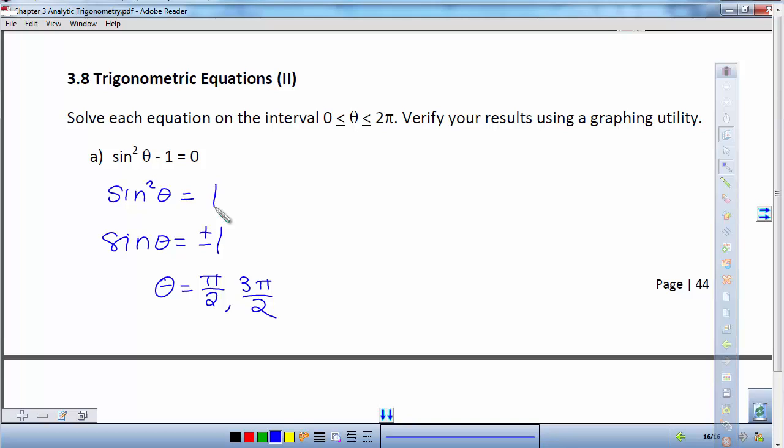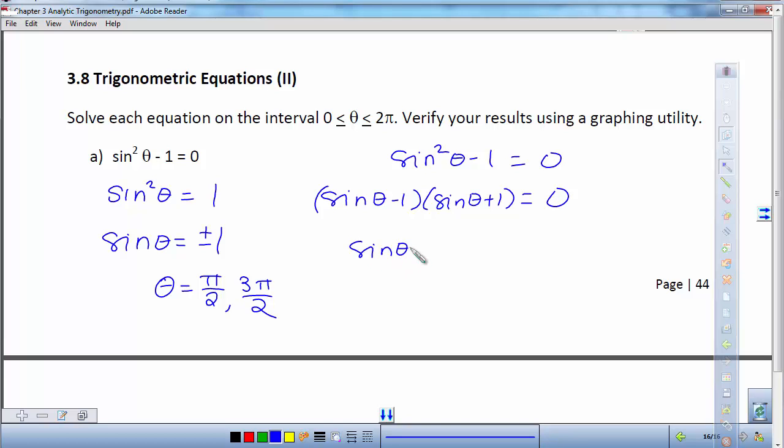We also, just for reference, could have factored this. Sine squared theta minus 1 equals 0 factors as sine theta minus 1 times sine theta plus 1. We've been talking about this pattern, right? And then we set each of these factors equal to 0.